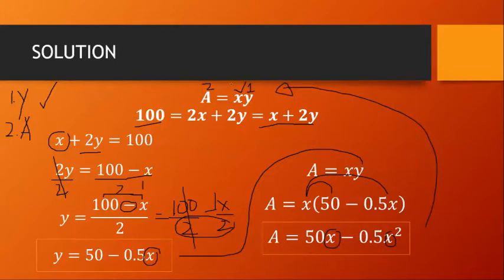So instead of xy, ang gagamitin na natin ay 50x minus 0.5x squared. Once na given yung value ng x sa ating problem at sinubstitute natin yan dito sa ating function, alam na agad natin ang value ng area. Okay? And that's the use of the function. Napapaikot-ikot natin kahit mga sinaunang formula pa. Okay? And that is for example number 2.